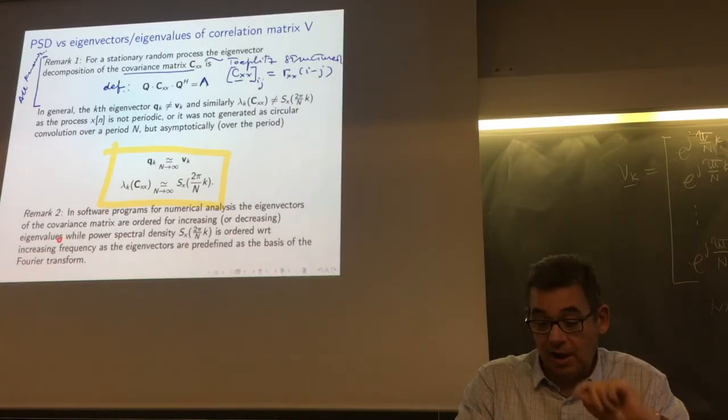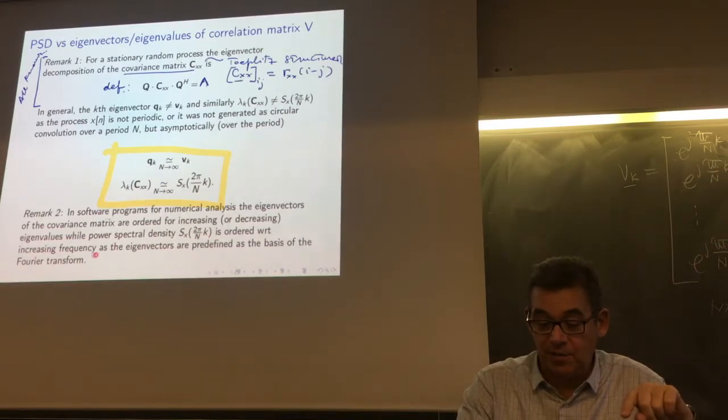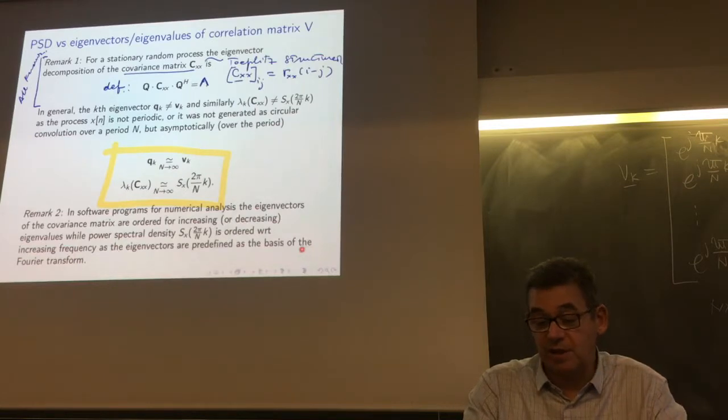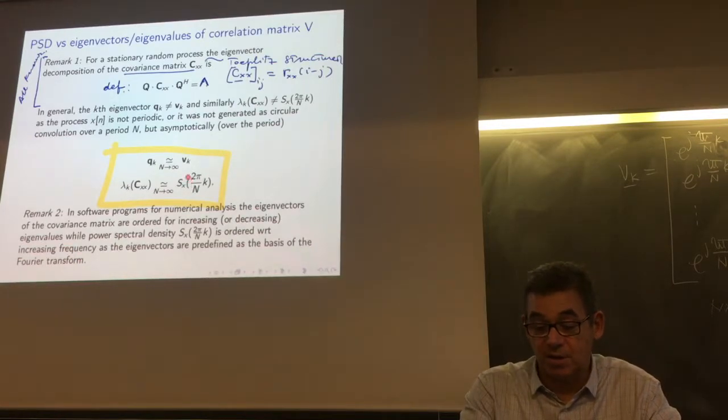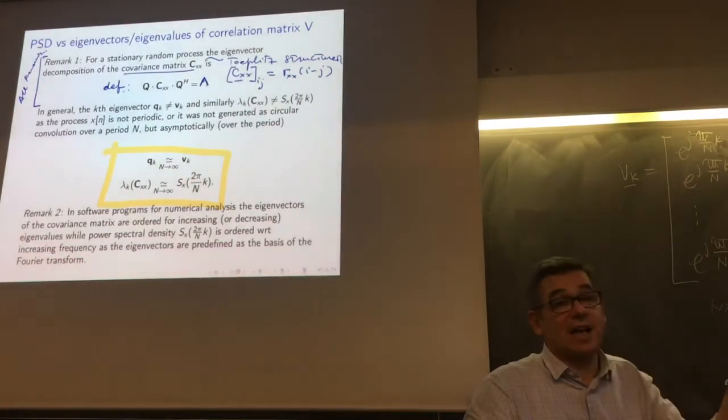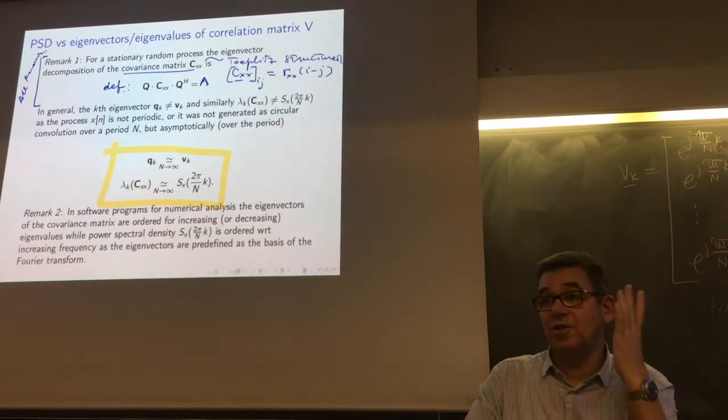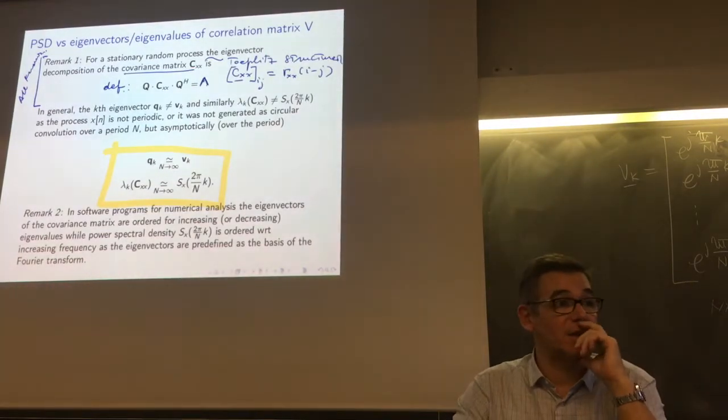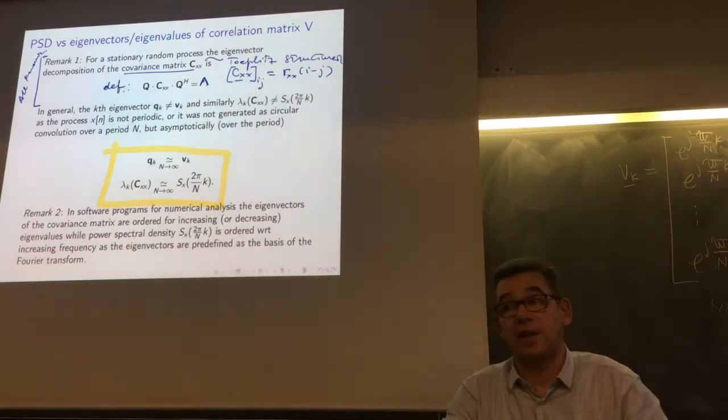Here, the power spectral analysis is ordered with respect to increasing frequency, as the eigenvectors are predefined as a basis of the Fourier transform, because this is Vk. So you decide the basis, and you get the power spectral density for that particular case.